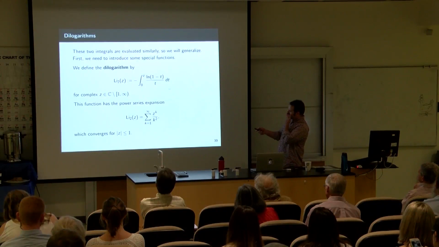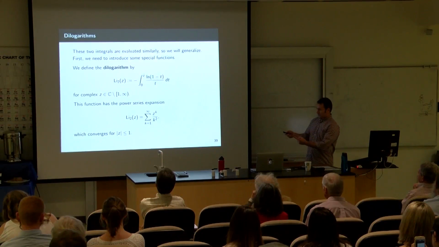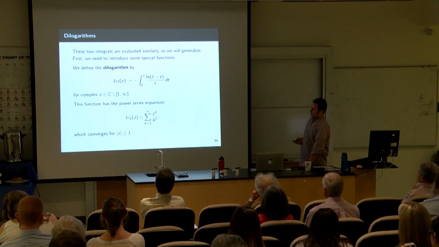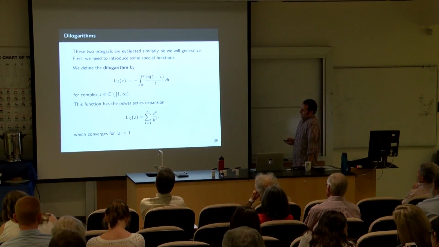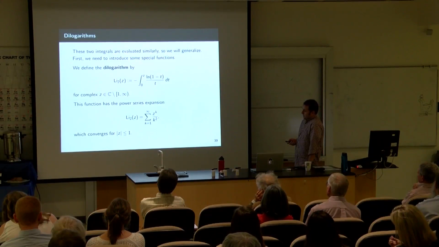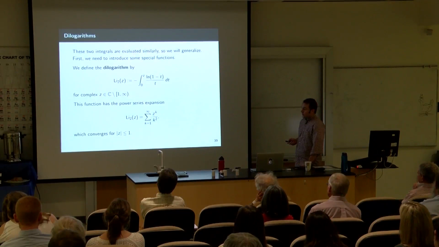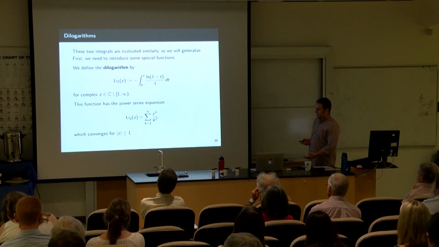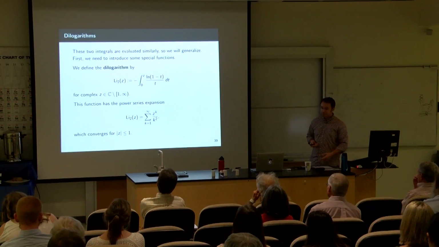Now this looks kind of complicated, but we actually have seen something very similar to this earlier in the talk. And the reason was sort of hidden to us at the time. This function has a power series expansion, which is really nice. It's z to the k over k squared. That's where that 2 comes from.